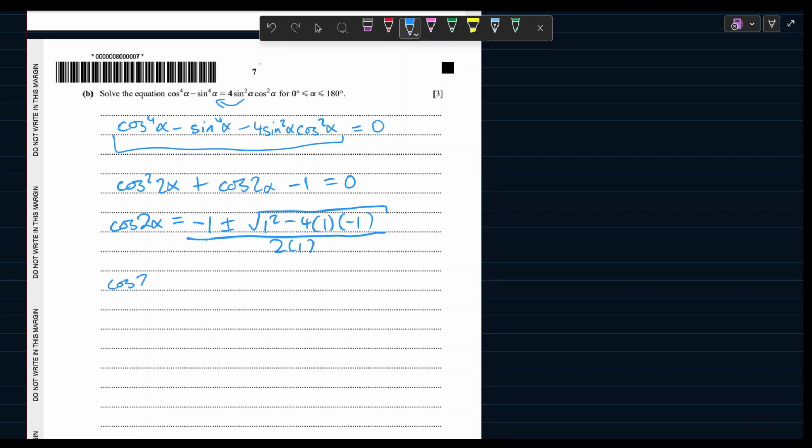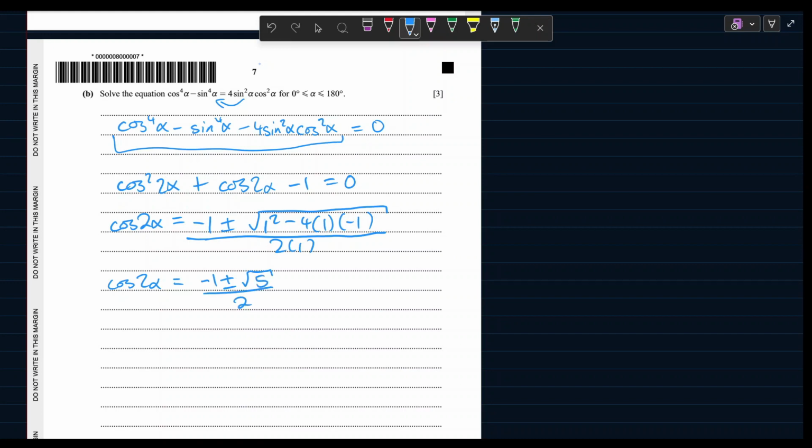Punch that into the calculator. That is minus 1 plus or minus the square root of 1 squared minus 4 times 1 times minus 1, all over 2. That gives us minus 1 plus or minus the square root of 5 over 2.